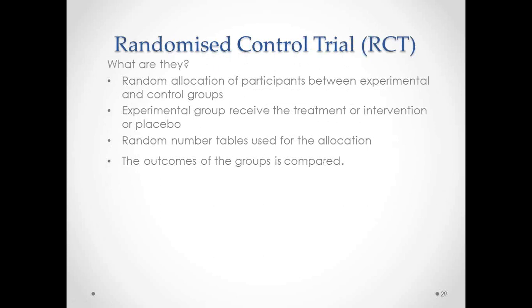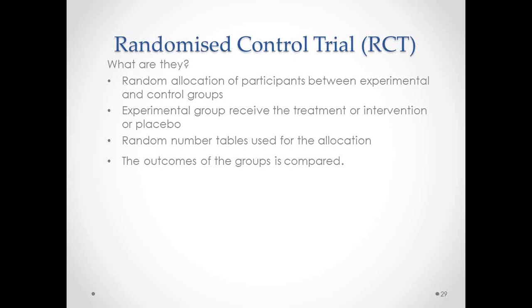So I'm sure all of you are familiar with the term an RCT, or a randomized control trial. And these are where random allocation of the participants between the experimental and the control group. The experimental group receives the treatment or the intervention, or a placebo, and that's where we're now introducing additional complexities.